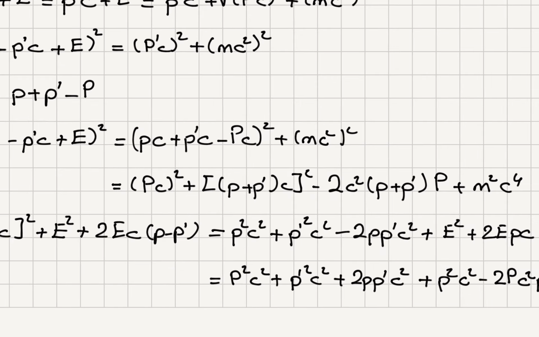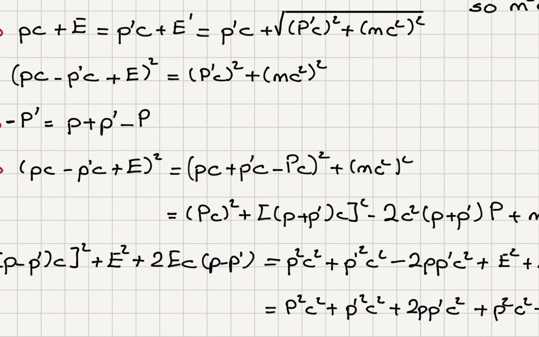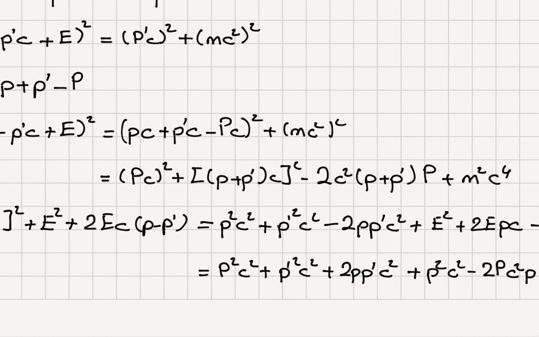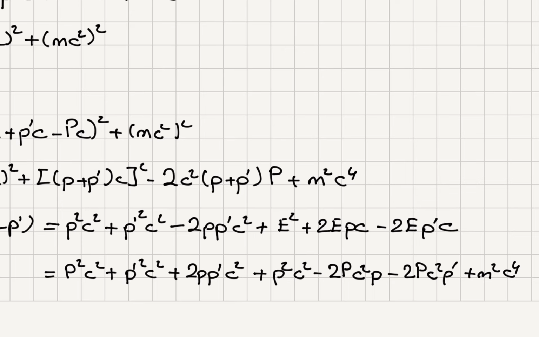So I worked on the left hand side and the right hand side of this equation, where I have substituted for p prime this result. Basically that's the right hand side I'm expanding, and when I compare these two sides, I realize that p squared c squared and p prime squared c squared cancel out from the left hand side and the right hand side.